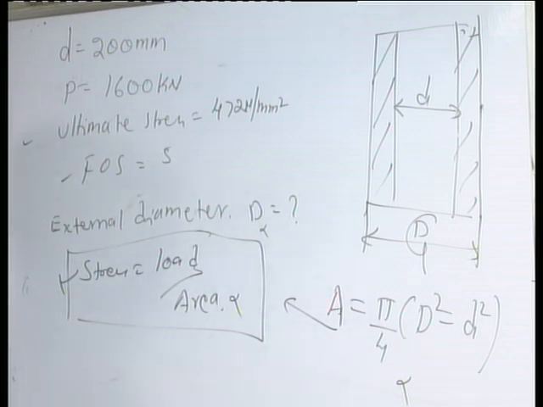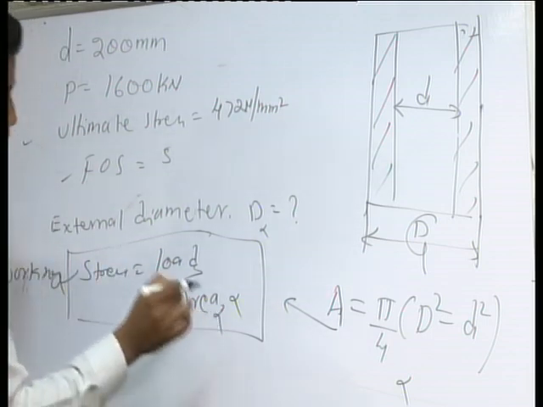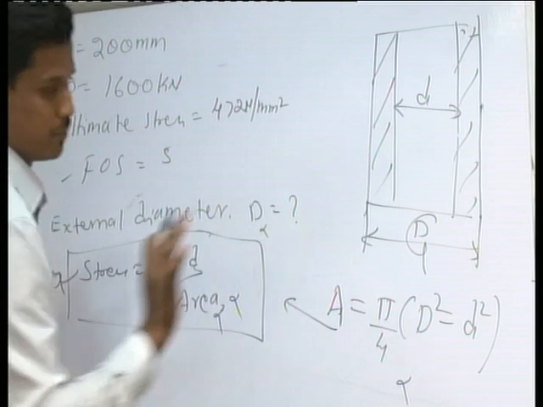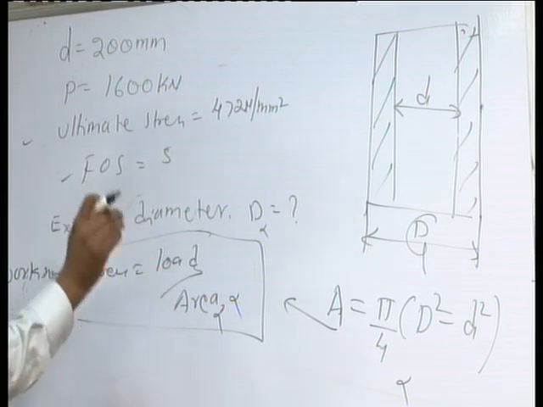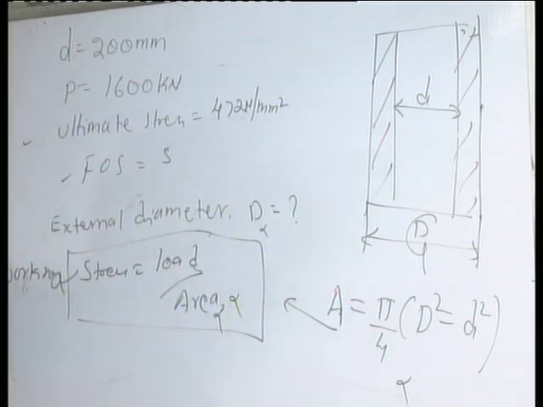In most problems, in all cases, we use the working stress. If you calculate the working stress, we will get the area, and if you calculate the area, we will get the diameter. So here the ultimate stress is given.